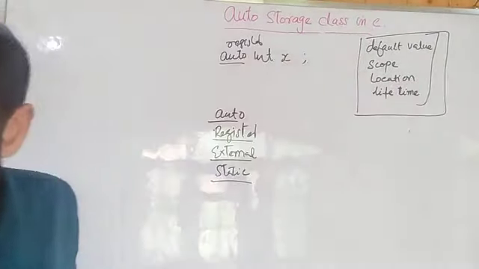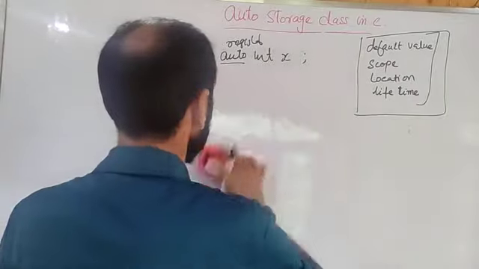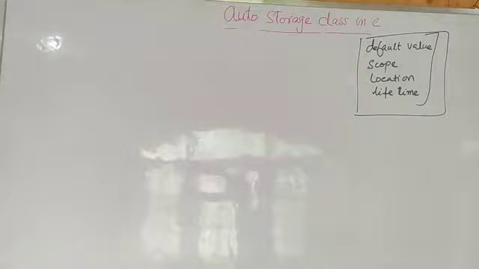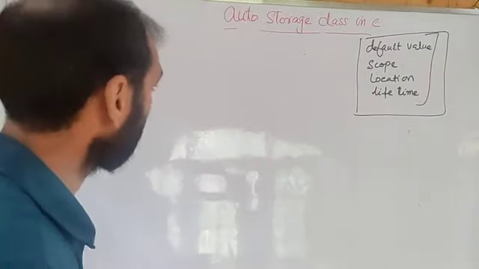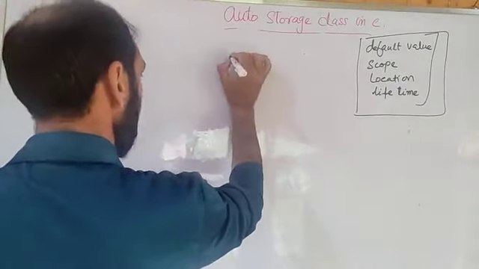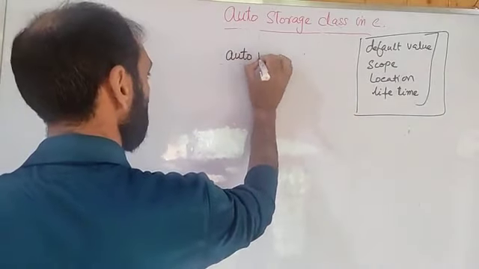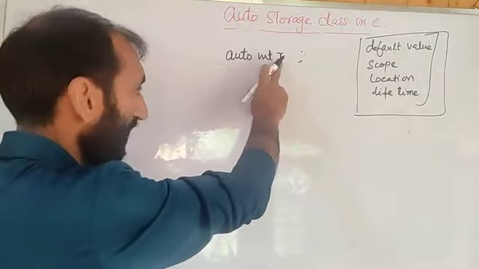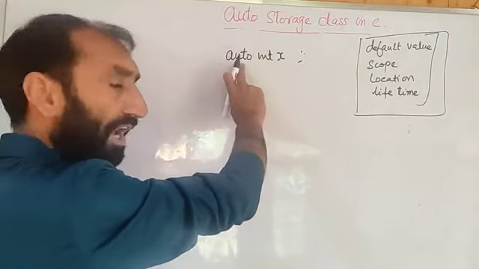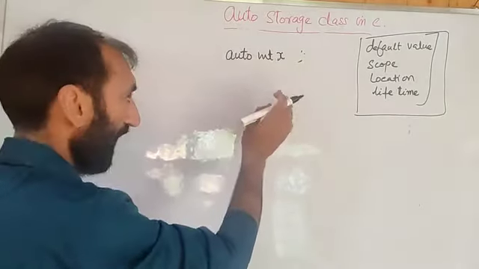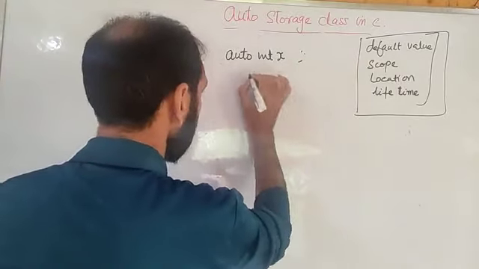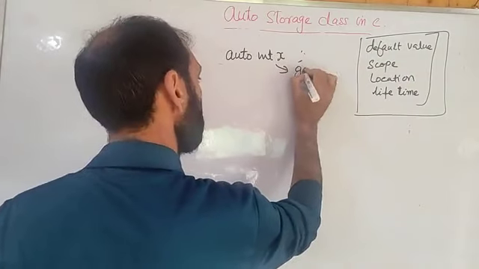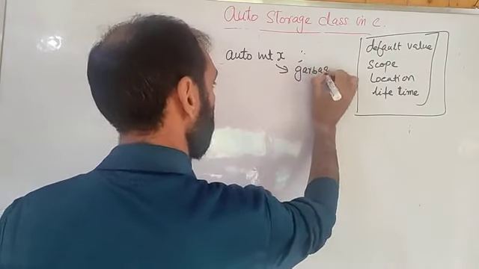So, for example, if here I write auto int x, I have declared a variable x of type integer, and its storage class is auto. Then the default value will be any garbage value.